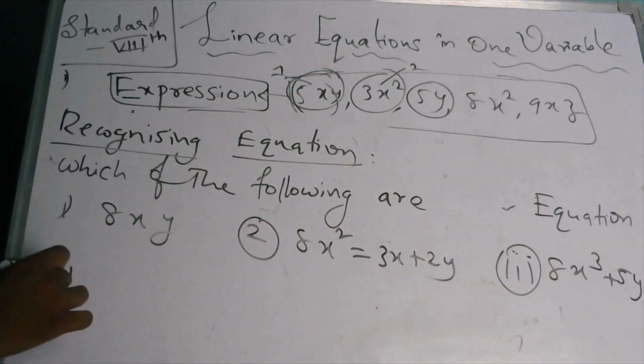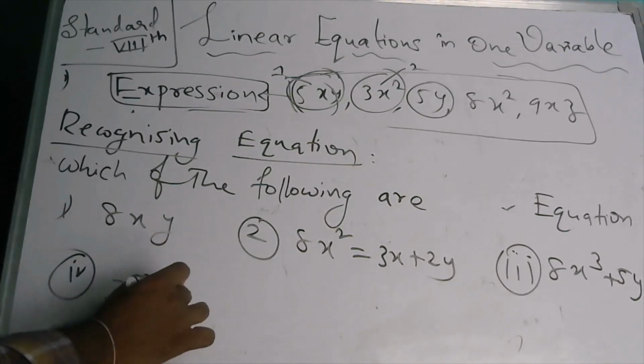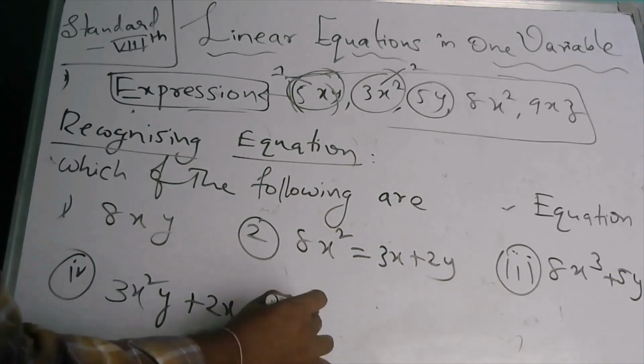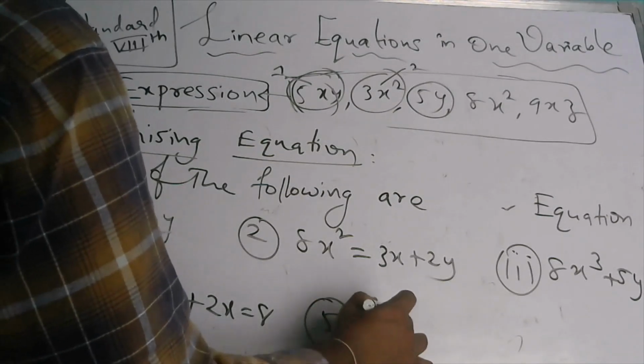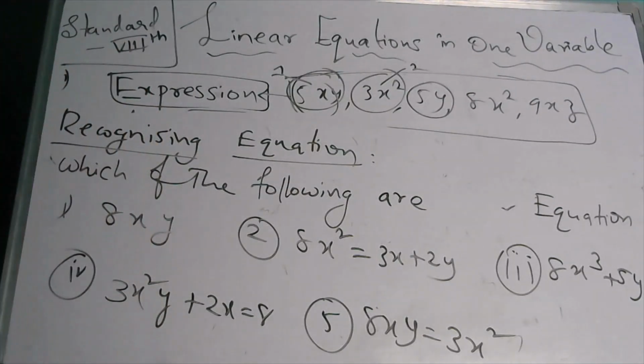Right? Fourth one 3x square y plus 2x is equal to 8. Sixth one 8xy is equal to 3x square. So these many are given to you. You have to answer or put a right mark on your notes, which is an equation, and put a wrong sign against it, which is not an equation.